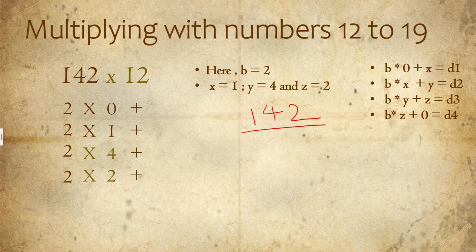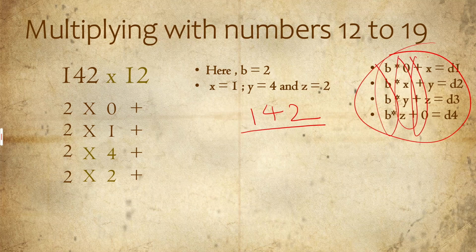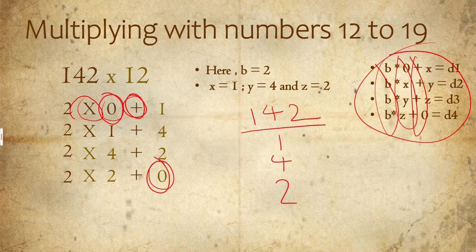And the plus signs, because that is the rule. Just look at the rule over here. We have the ones digit, then 0, 1, 2, 3, 4 digits, and plus signs. Next, we write 142 again, but this time we write 142 first and then 0 at the end. The difference is that in the multiplication part, we place the 0 first, and in the addition part, we place the 0 last.